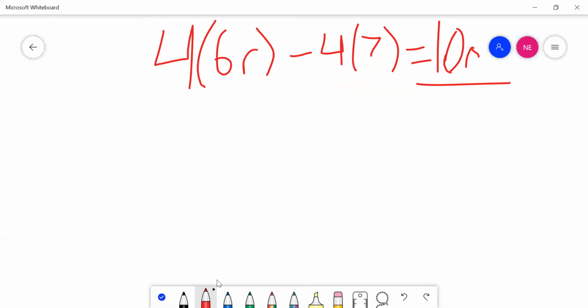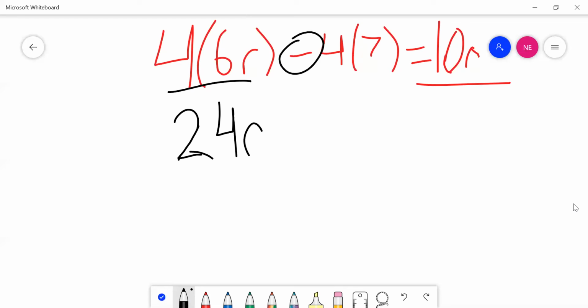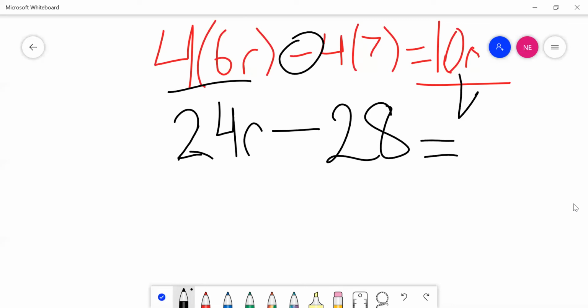You would do 4 times 6 first, which is 24r. And then you would want to do 4 times 7. But don't forget the minus sign. So minus 28 equals, again, bring down the 10r.